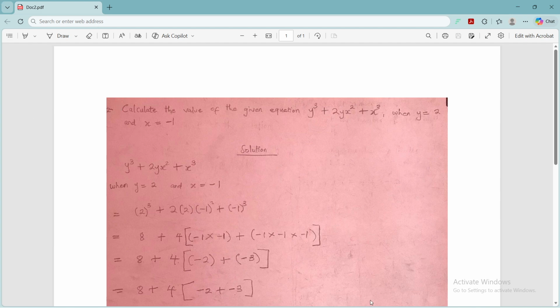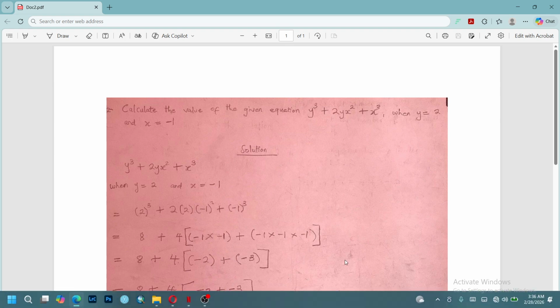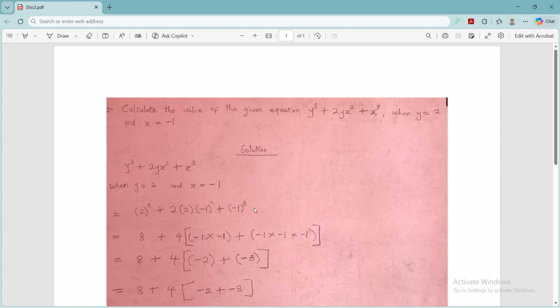Plus s cubed, right? So we have our s cubed to be -1 cubed. So we are going to have our new equation to be 2 cubed plus 2 multiplying 2 multiplying -1 squared plus -1 cubed, right?